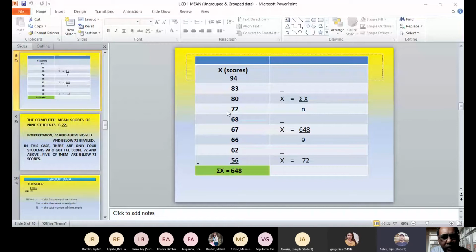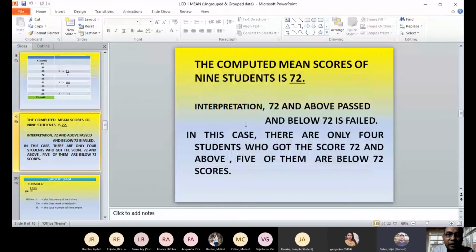Di ba? Mahirapan kayong mag-compute. So make it simple ang inyong research. Okay? Now, so that is our mean. Next. So meaning to say, our interpretation is 72 and above pass and below 72 is failed.